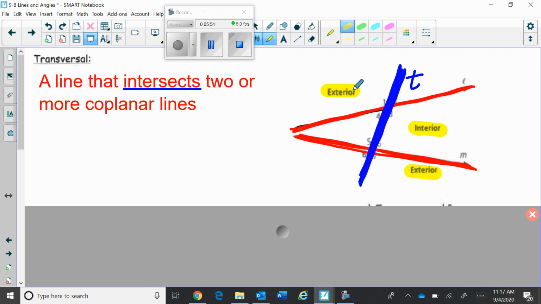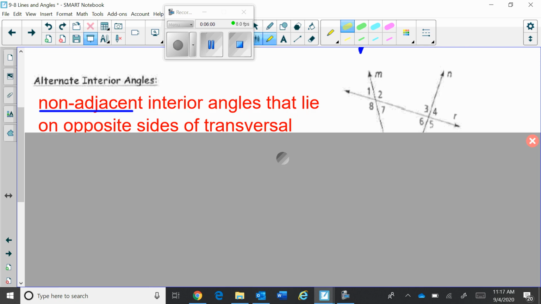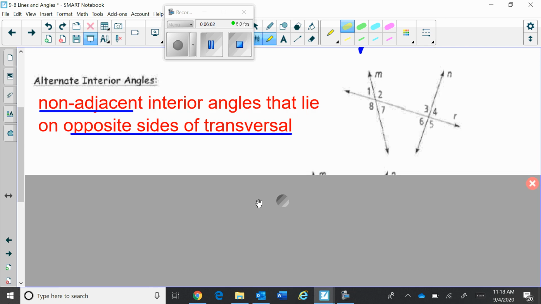Those angles all have names and relationships with each other. So, without further ado, the first one we're looking at is alternate interior angles. Go ahead and pause this video and copy down this note and this definition.